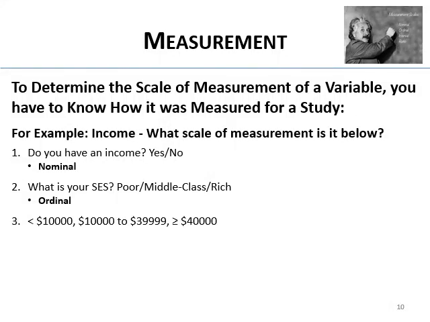You ready? How about this? You see this from time to time on questionnaires where they just have these categories. You either make less than $10,000, $10,000 to $39,999, or greater than or equal to $40,000. These are the three categories that you fall into.